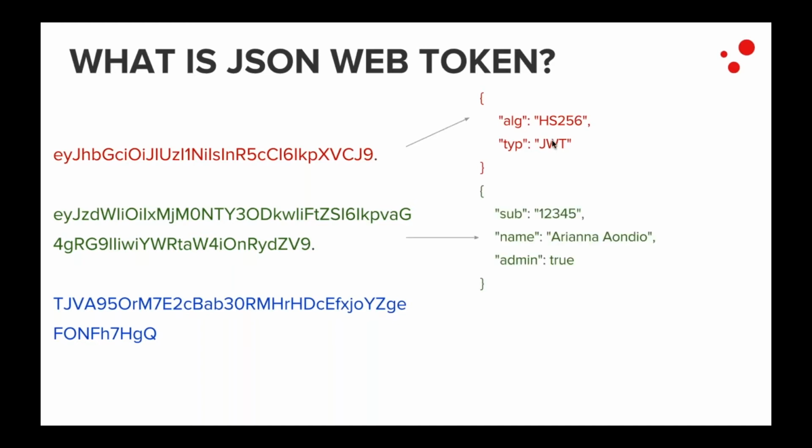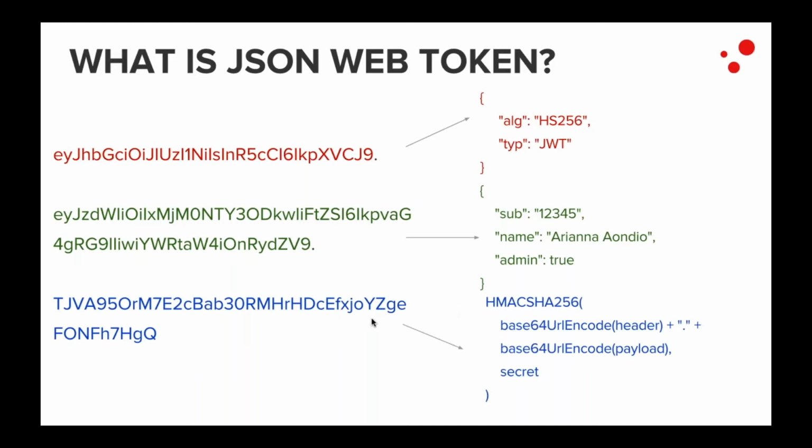The second part is the payload, which is actually the JSON text. The third part will indicate which protocol we did use to encrypt this one and how we have encrypted the whole cookie.